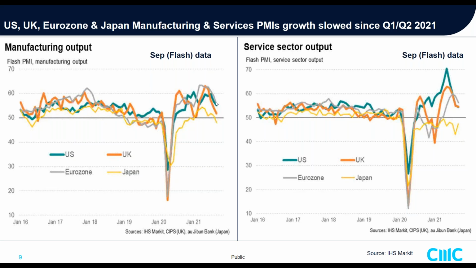What it means is that the manufacturing activities of these big four countries have already started to shrink, which is not good for economic growth going forward, because these are considered leading economic indicators. As you all know, quarterly GDP growth is actually lagging, because by the time you report a contraction in GDP, the economy has already shrunk.